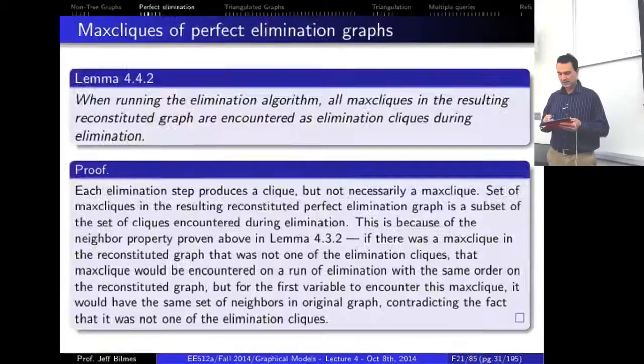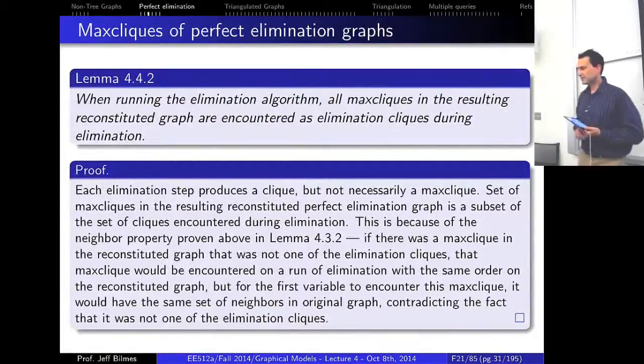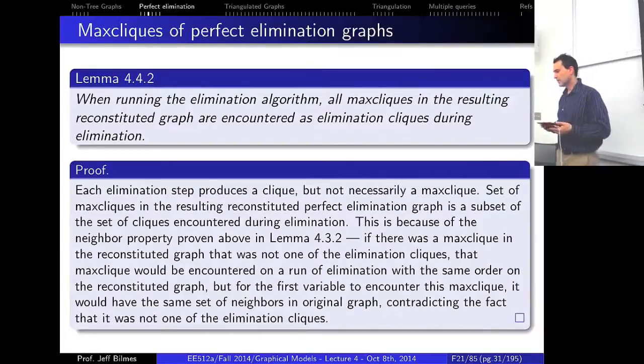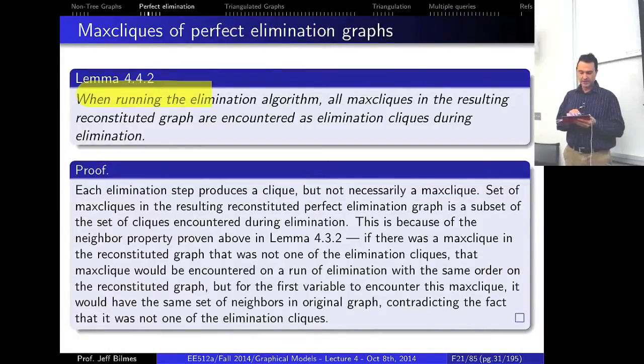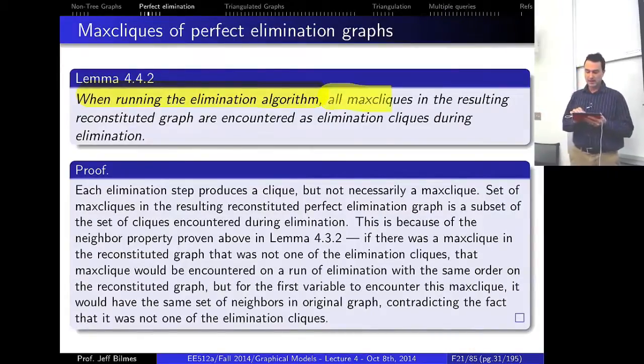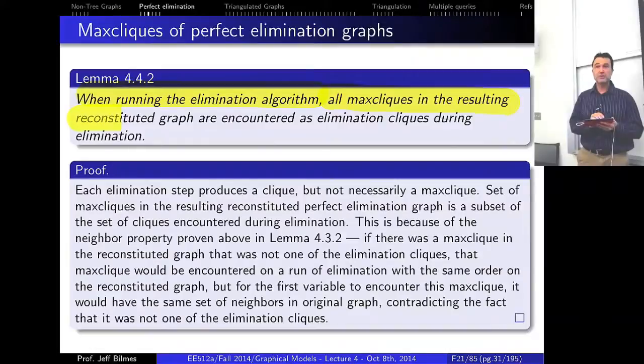Right? Okay, so basically, when running the elimination algorithm, this is a very important theorem. When we're running the elimination algorithm, so we're eliminating vertices, then all max cliques in the resulting reconstituted graph are encountered as elimination cliques during elimination.